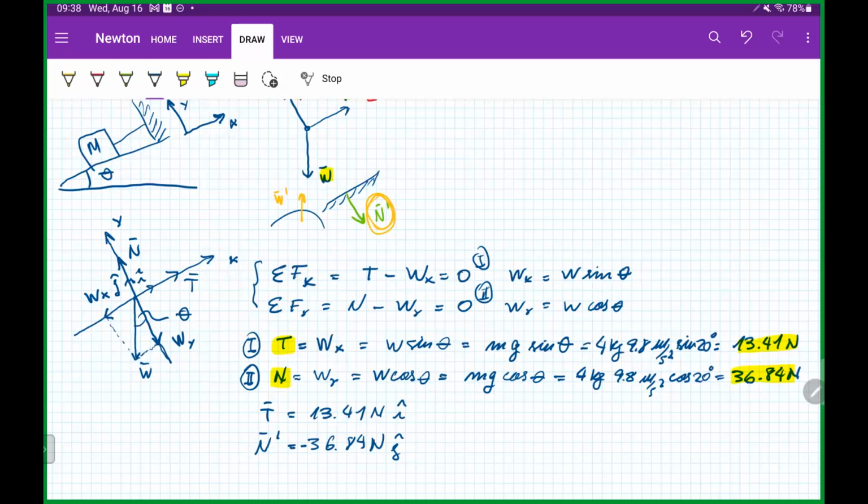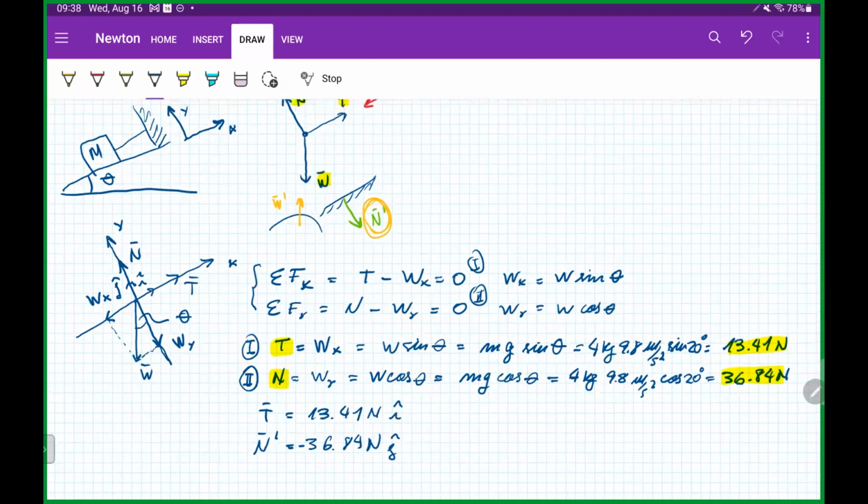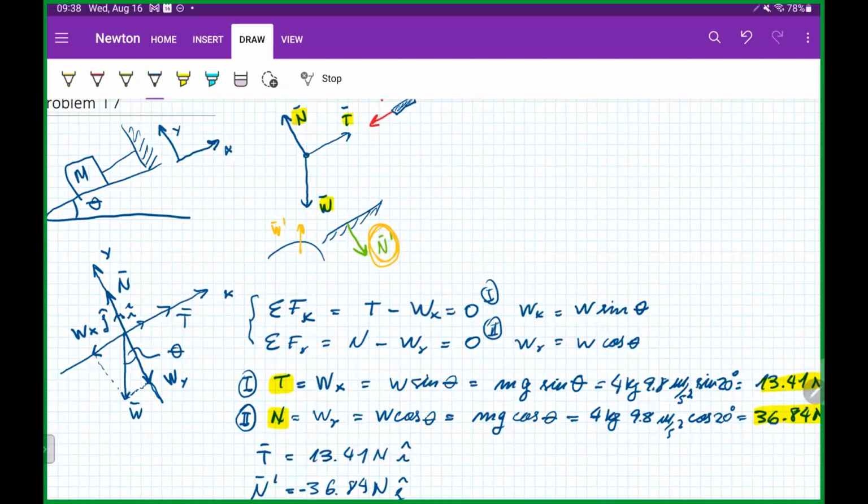Yes, Varsha, the N prime is pointing down because you have our action, let's call it action, is the N force, which is the normal that the floor is applying to the object to support it. So that's pointing up, in the y direction. And then the reaction force, by Newton's third law, will act along the same line of action but in the opposite direction.